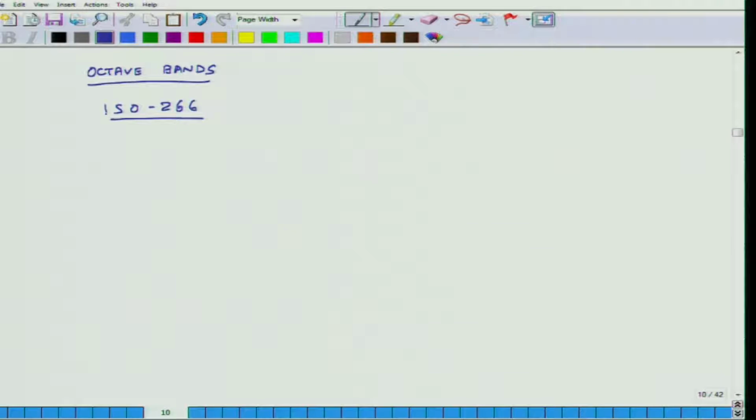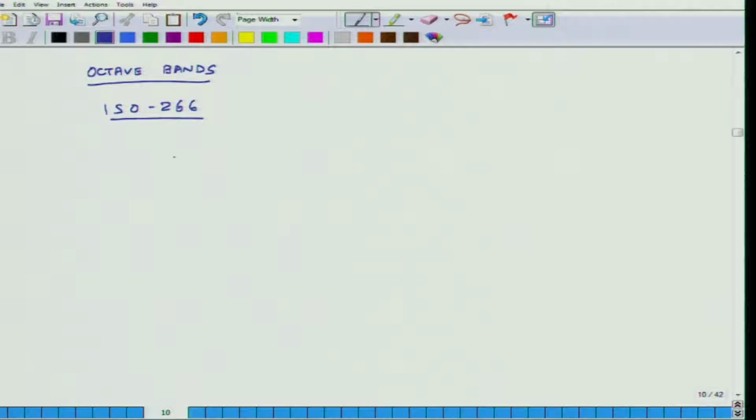This is a document you can go and purchase online. It has been developed by the International Organization for Standardization, the number is 266, and this actually defines all industry standard octave bands. But before I explain what these bands are, I will define 2 other things.